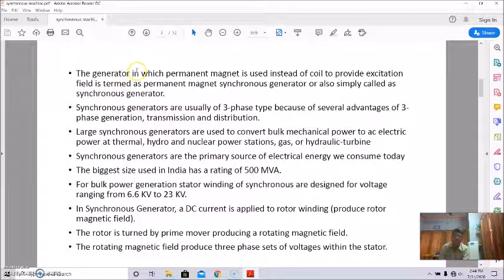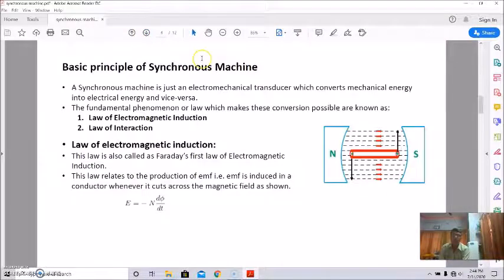Basically, this rotating magnetic field will cut the stationary stator conductors, EMF will be induced, and as a result power will be generated in the stator conductors. So the basic principle of a synchronous machine is that it works like an electromechanical transducer, which converts mechanical energy into electrical energy and vice versa.